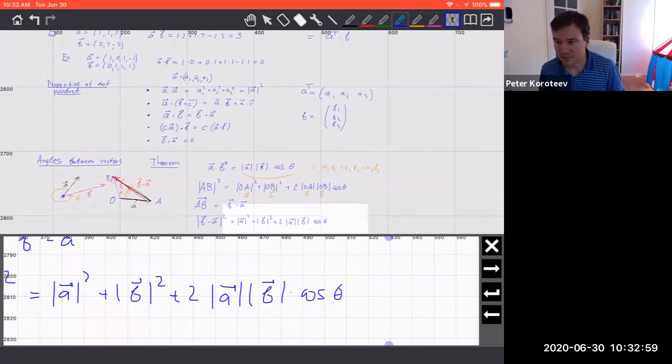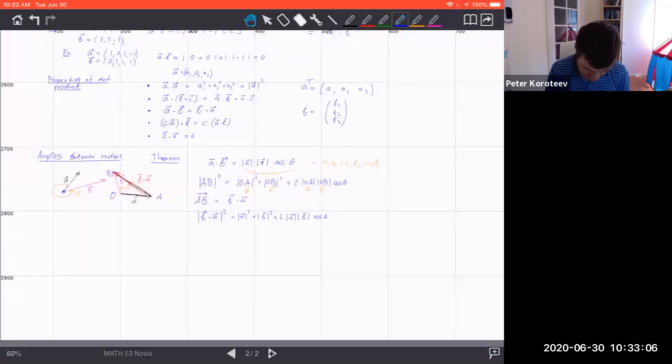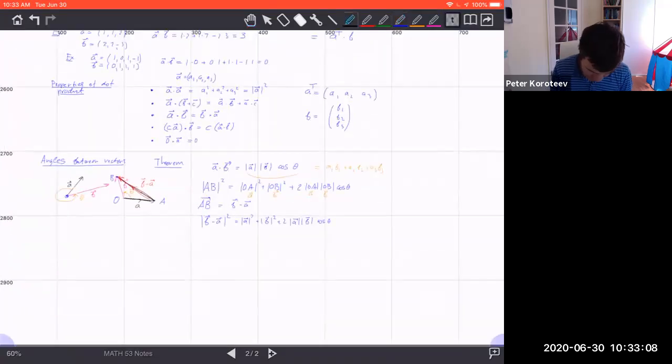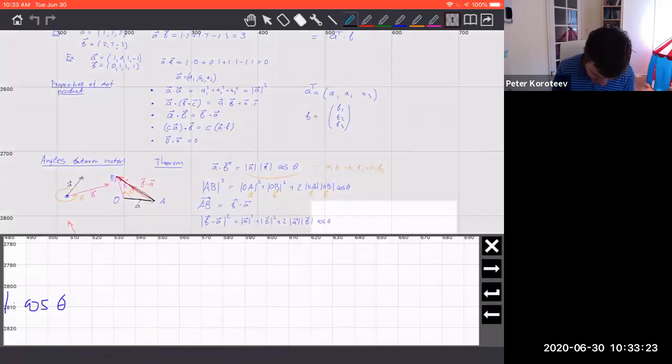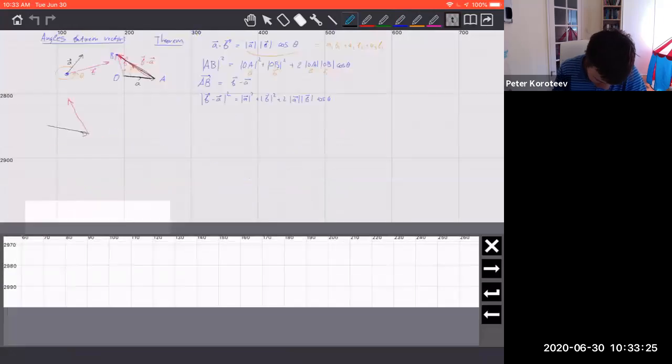Can you explain why it's B minus A using the parallelogram method? Because I'm confused. Yeah, so that's A. Let's say you add two vectors, right? I reached the bottom of the page.